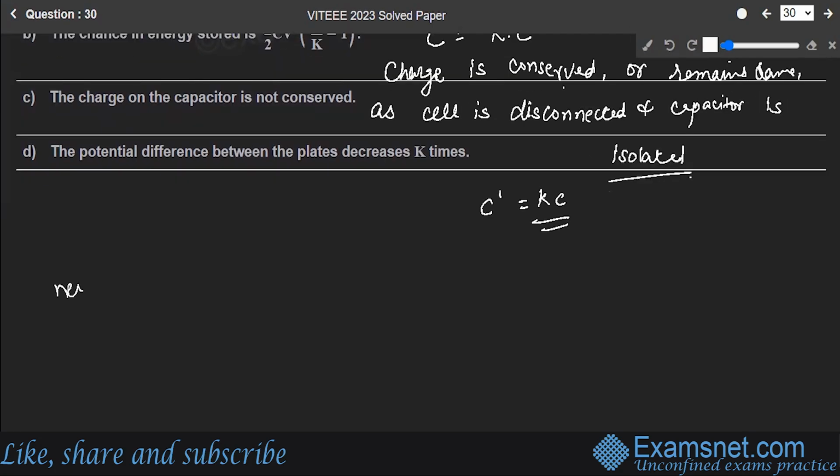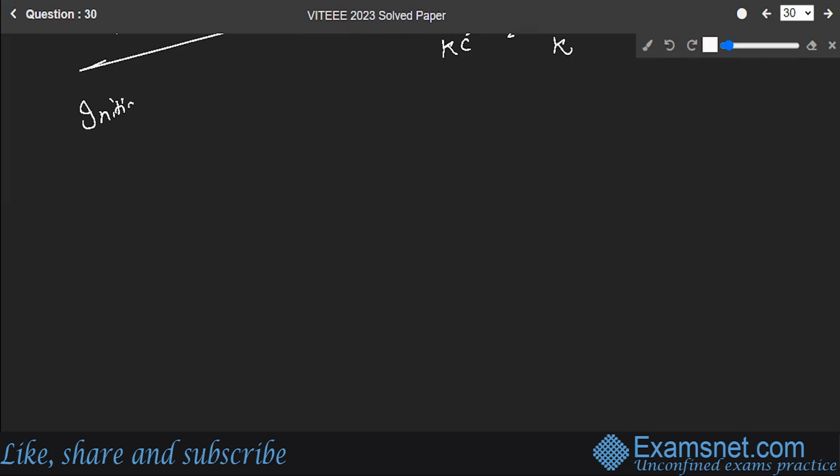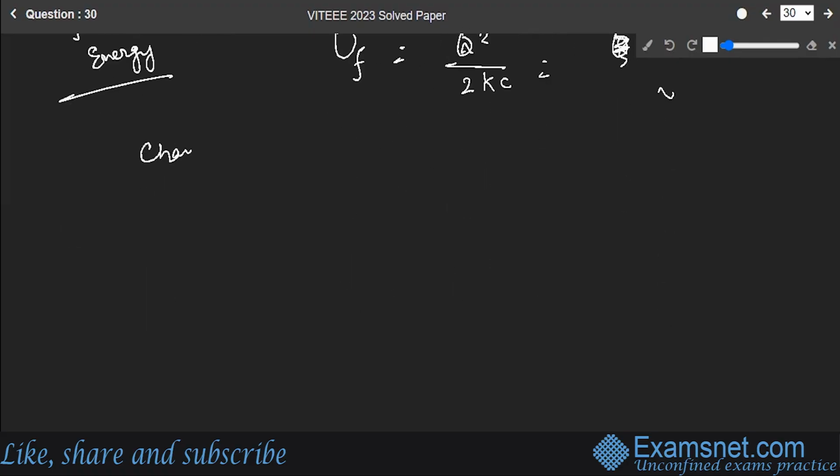Now, the new potential difference, that is V dash, is equal to Q upon KC, that is equal to V upon K. Also, initial energy is given by Q square upon 2C, and the final energy is UF equal to Q square upon 2KC, that is equal to UI upon K. Now change in energy is final minus initial energy.